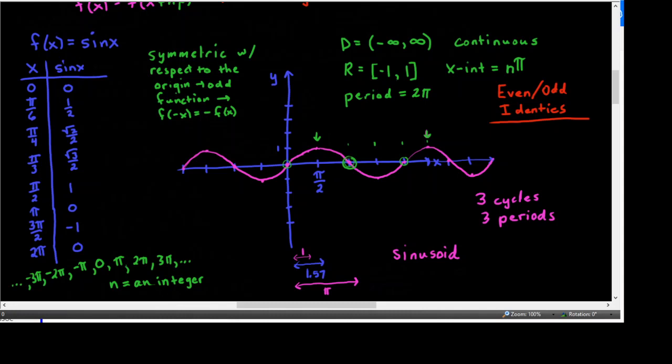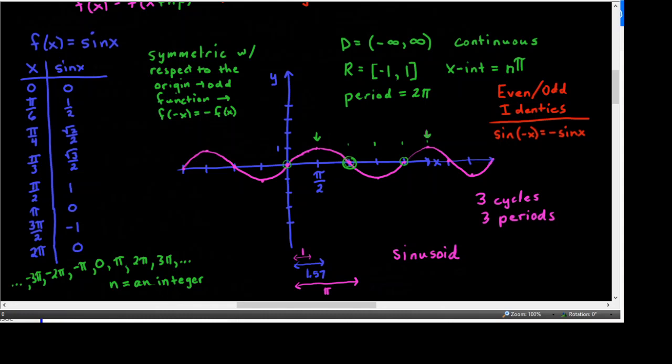We're doing sine first, so the fact that it's odd means that if I were to take the function sine and substitute into it with the opposite of x, I would get back the opposite of the original function. So that's the odd identity for sine.